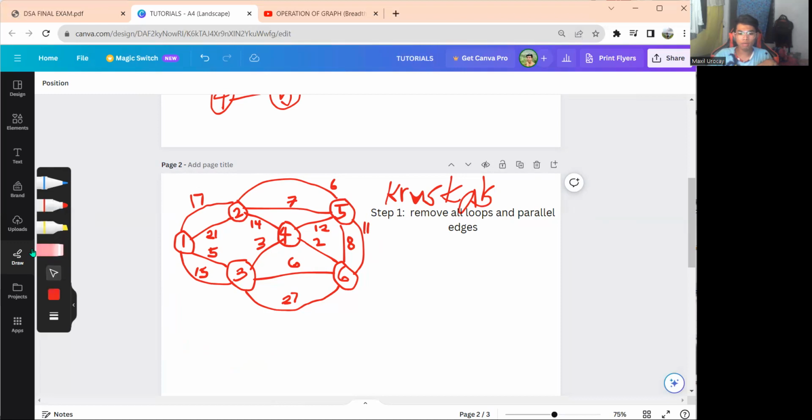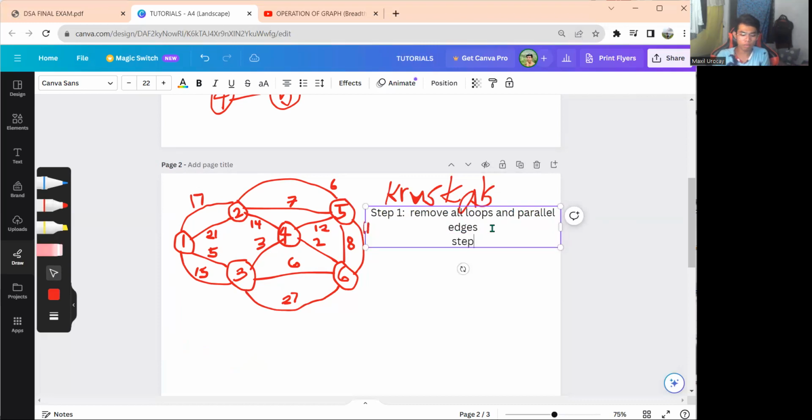So right now, I'll give you first the steps that you need to follow. Step 2 is you will arrange all edges in their increasing order.